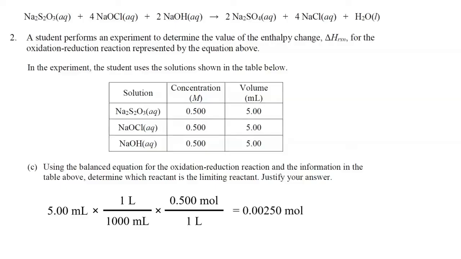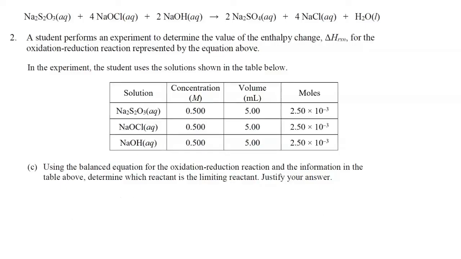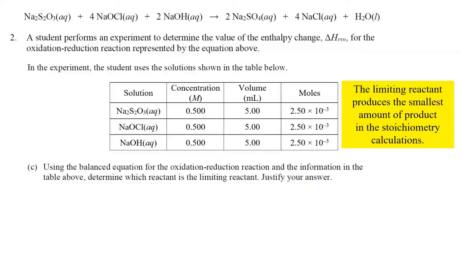And when I do this math, the number of moles of each reactant that I get is 0.00250, or in scientific notation, that would be 2.50 times 10 to the -3 moles. So now that I know that I have the same number of moles of each reactant, and I know what that value is, let's see what comes next to determine which reactant is the limiting reactant. So we know that the limiting reactant will produce the smallest amount of product in the stoichiometry calculation.